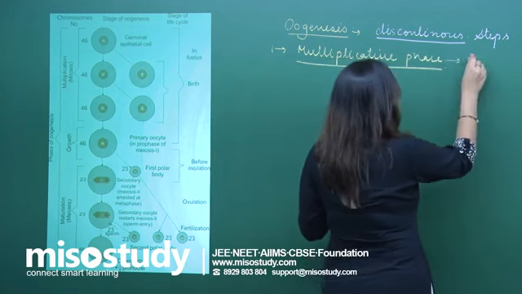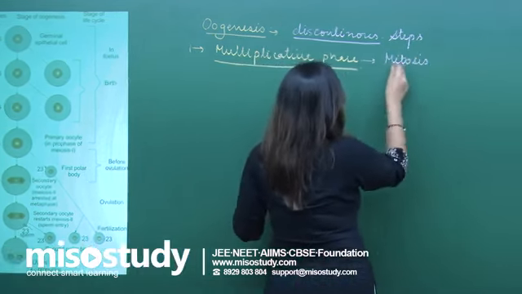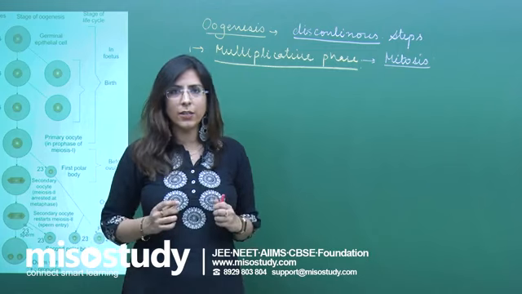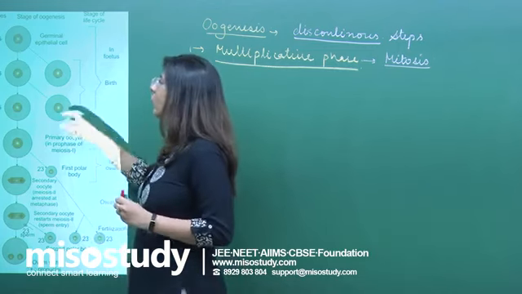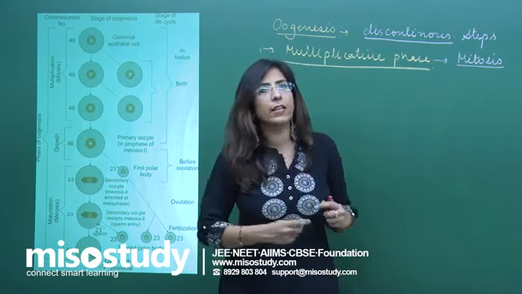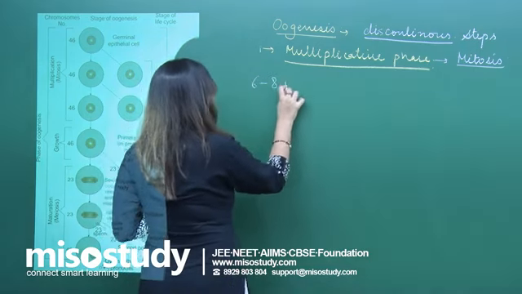And in this case, what is the phenomenon? Mitosis happens. In mitosis, the number of chromosomes remains constant in the parent cell as well as in the daughter cell. This is what mitosis is. So they will undergo rapid division, at a very fast rate, up to 6 to 8 weeks.